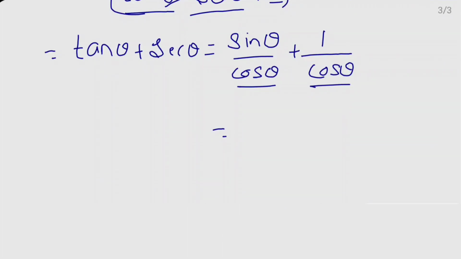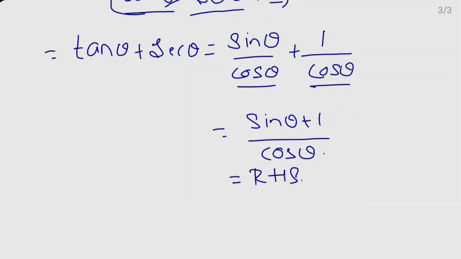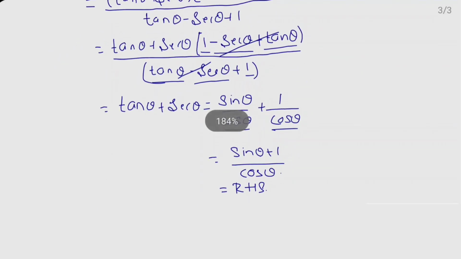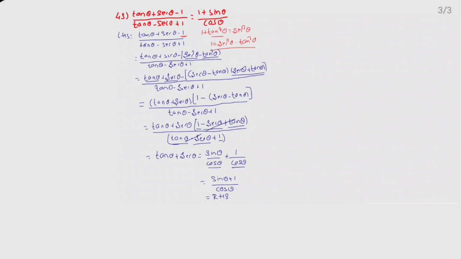Here we got sin theta plus 1 divided by cos theta. So this is our RHS, hence proved. So look here, the given RHS is 1 plus sin theta divided by cos theta, and here we proved sin theta plus 1 divided by cos theta, hence proved. Is it clear?